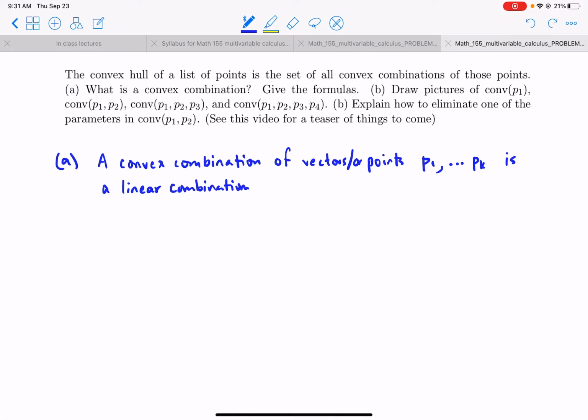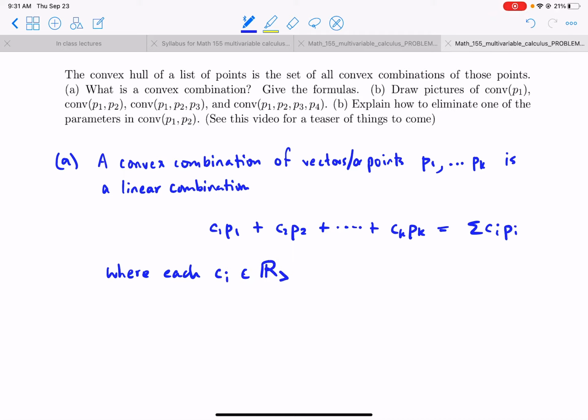I give a formula: C1 P1 plus C2 P2 plus ... plus CK PK. I had K points. I could also write this as the sum of CI PI, a sum of K terms, where each CI is a non-negative real number, like 2 or pi.